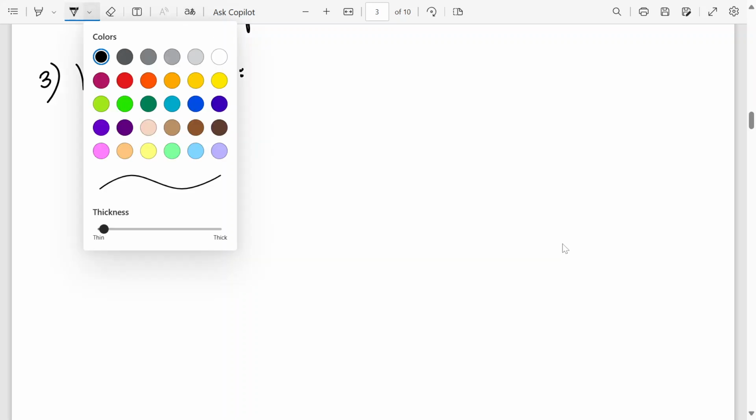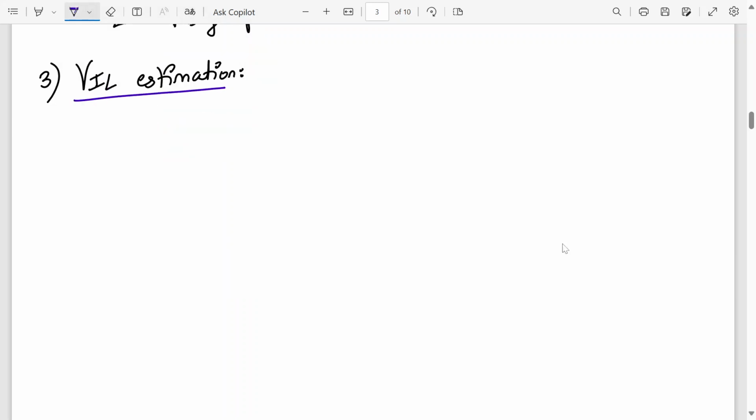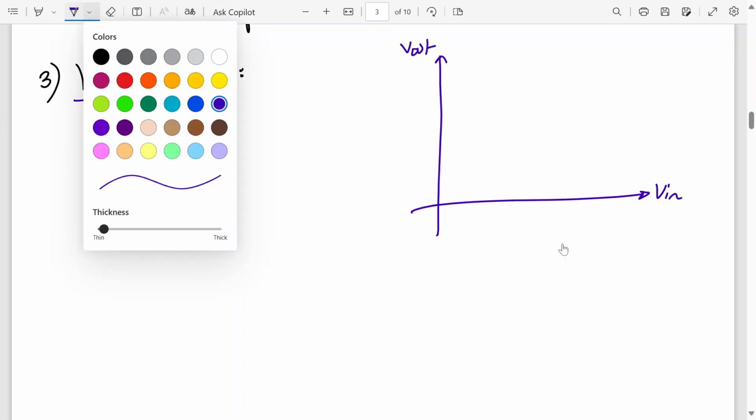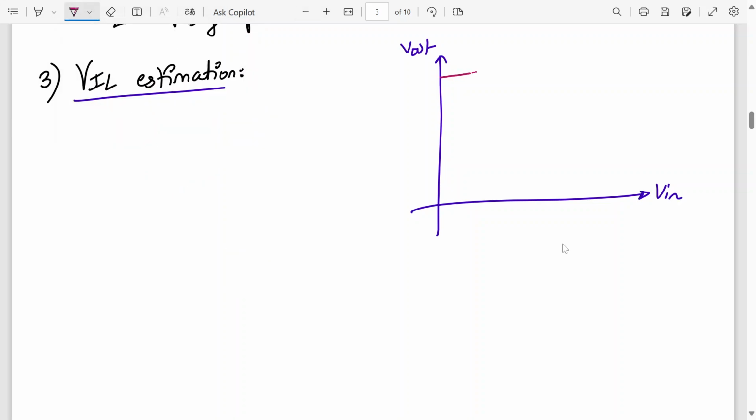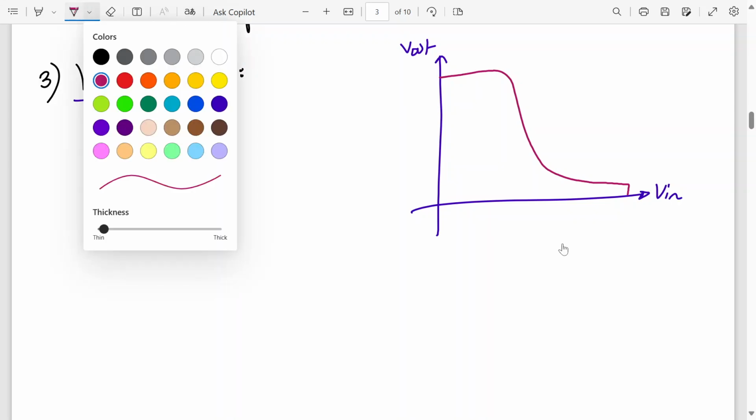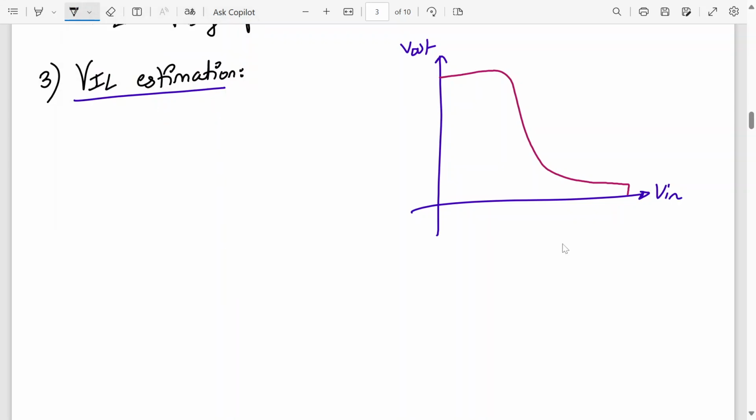Okay, again I have to refer to the VTC curve, so I'll draw it quickly. It won't take much time. This is V in, this is V out, and this is how our curve should look. Okay, we have the value of VOH. Now tell me, how do you measure VIL from the graph?